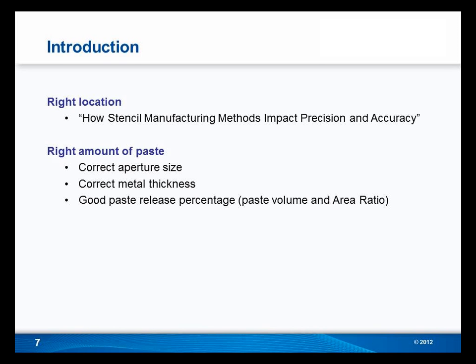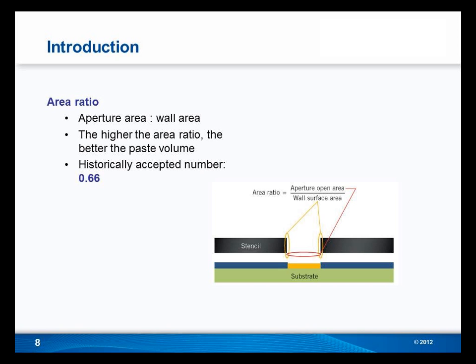And of course, once you have the right volume in the stencil, it has to be released properly to the board. So that gets you to a term called area ratio, which is the ratio between the aperture area and the wall area.